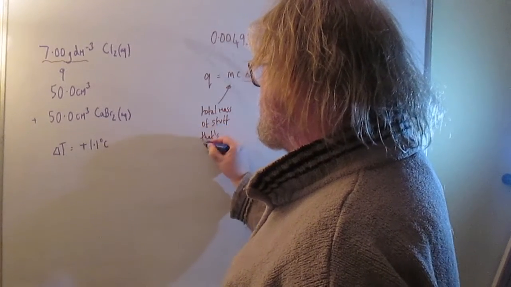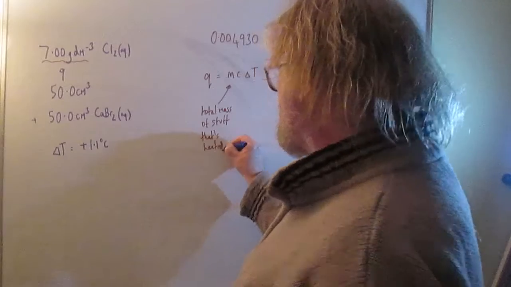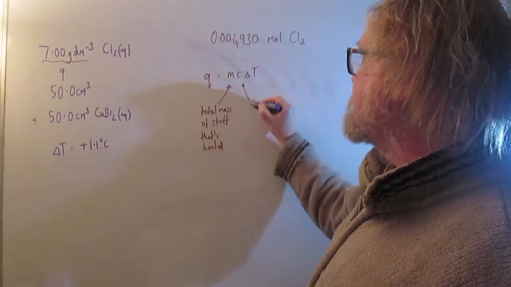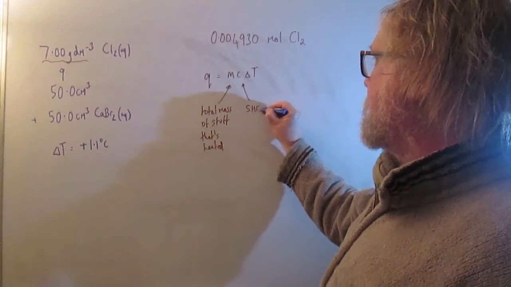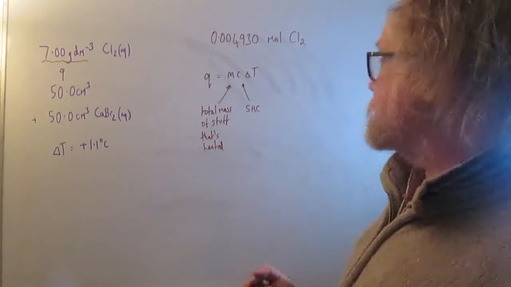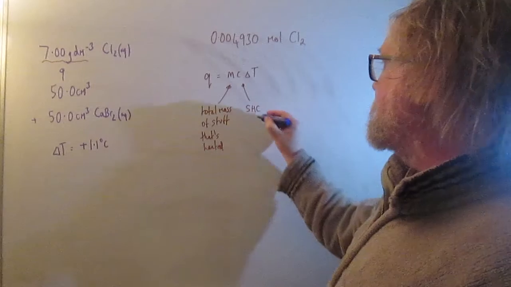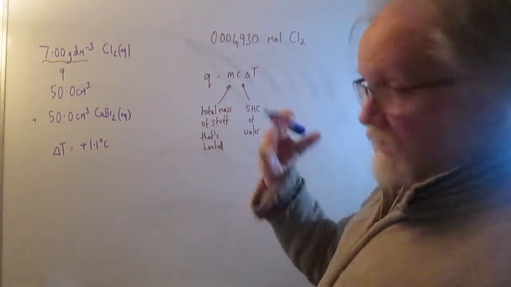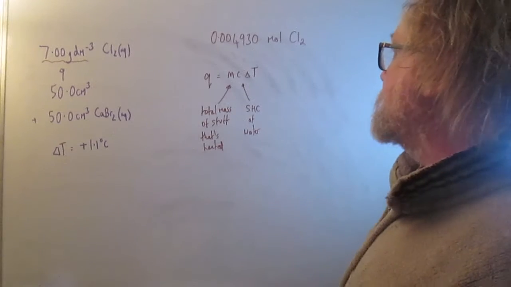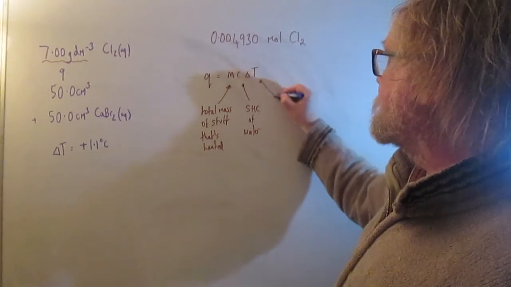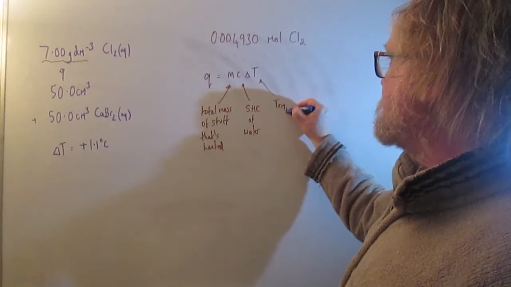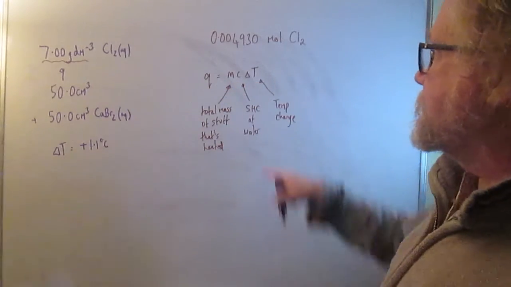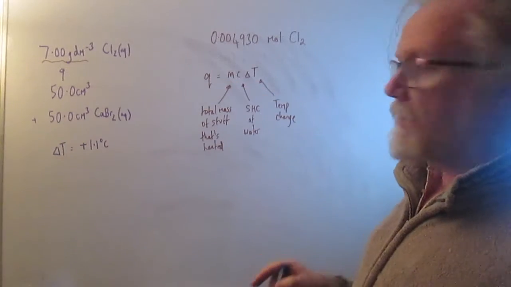In this case heated because the temperature rises, but it could be cooled if it was an endothermic reaction. c is the specific heat capacity, and in chemistry A level that's almost certainly going to be of water, and we assume that applies to aqueous solutions such as we have in this experiment as well. And delta T is obviously the temperature change. So you need to remember what those terms mean, not just memorize the equation.